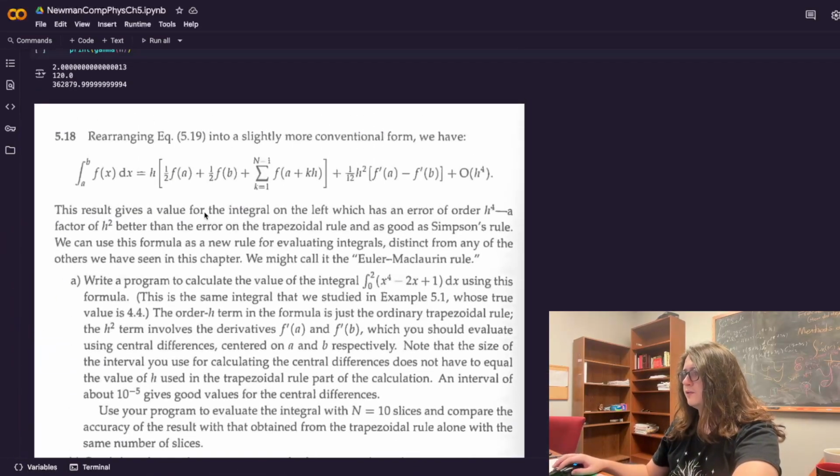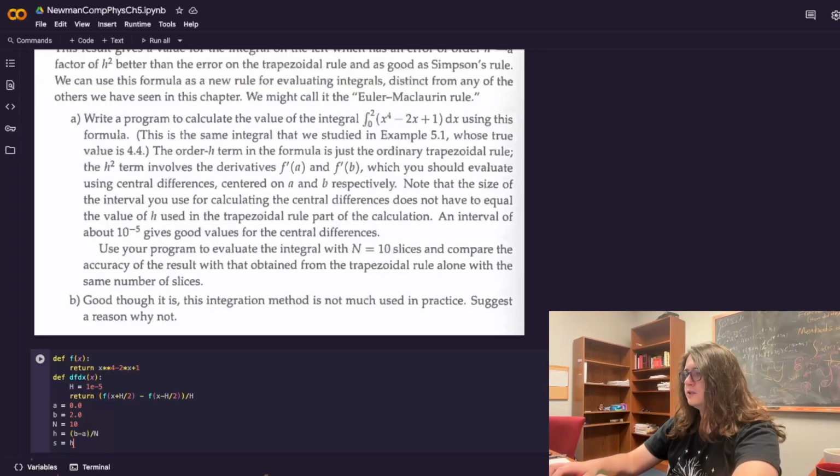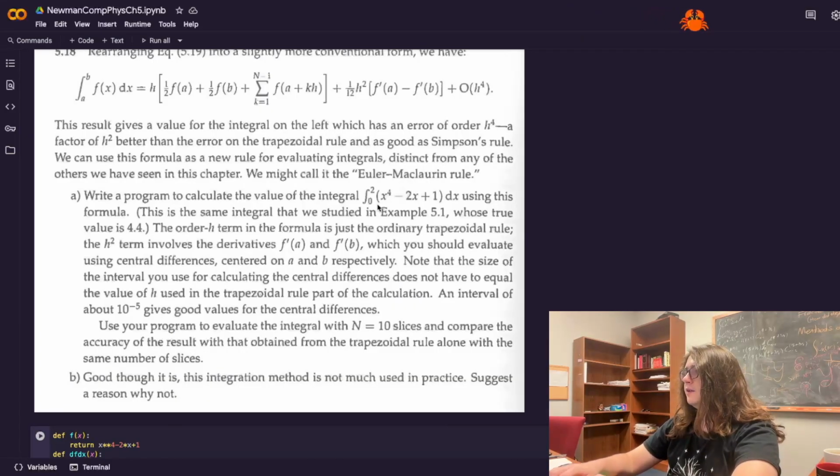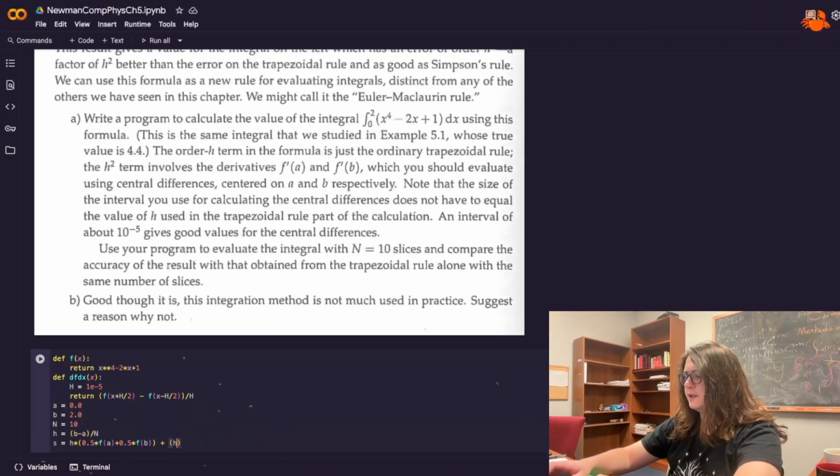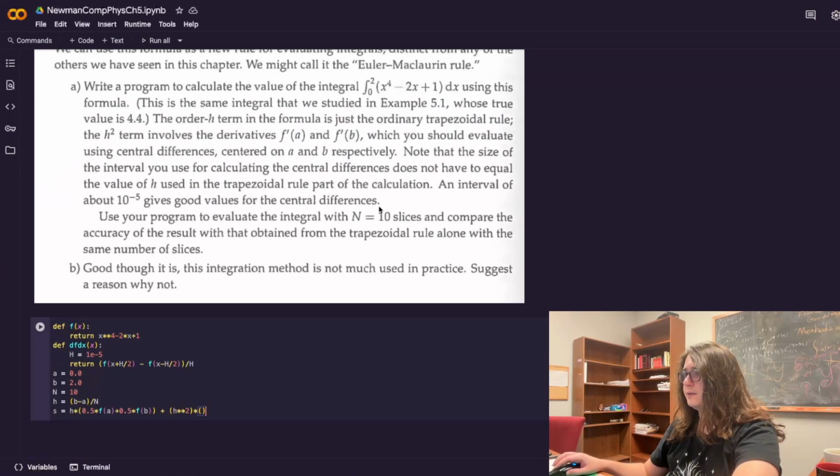I'm just going to use this formula directly. So that's going to be h times, in parentheses, 0.5 times f of a plus 0.5 times f of b, and then plus the h squared stuff. So in parentheses, h squared times f prime of a, so df dx of a, minus df dx of b all over 12.